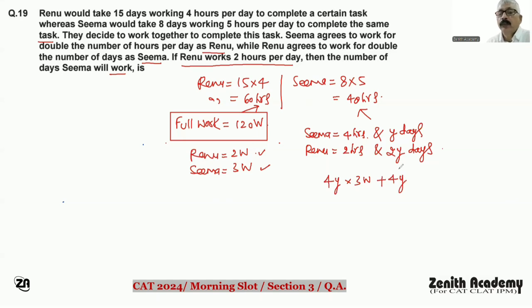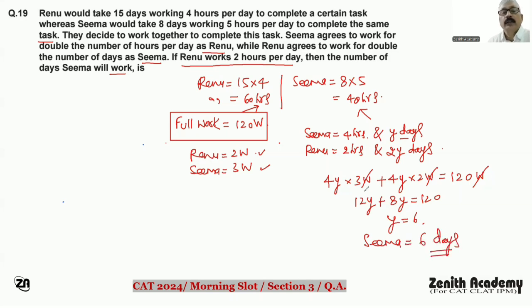And every hour 2W, so in 4Y, this should be equal to 120 W. Now this W cancels. And 4Y times 3 is 12Y, and 4Y times 2 is 8Y. 20Y is equal to 120. So Y is 6. Y days means Seema will finish the work in 6 days. This is your answer.